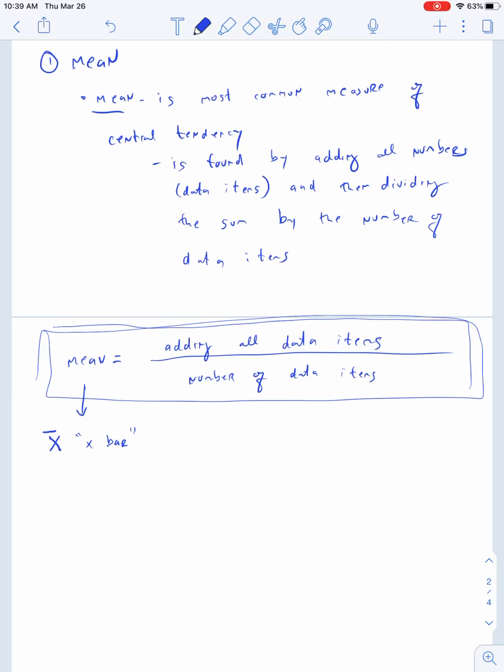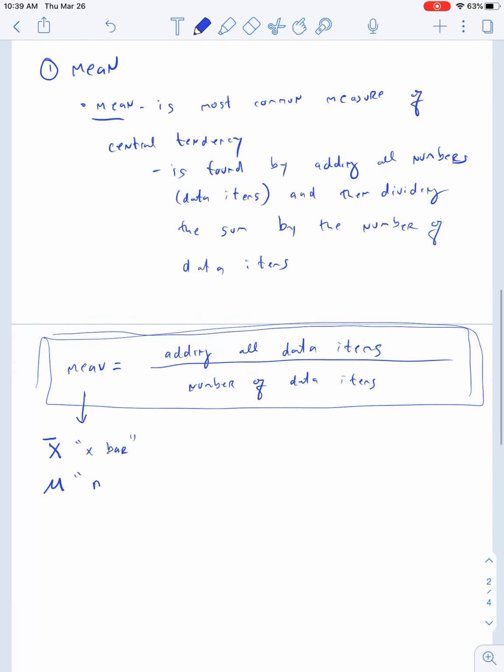Or it can be represented by what looks like a cursive U, but this is a Greek symbol, mu. They'll use it two different ways depending on the problem. If the problem is talking about a population, they'll use mu. If it's talking about a sample, they'll use X bar. So you can see it either way.